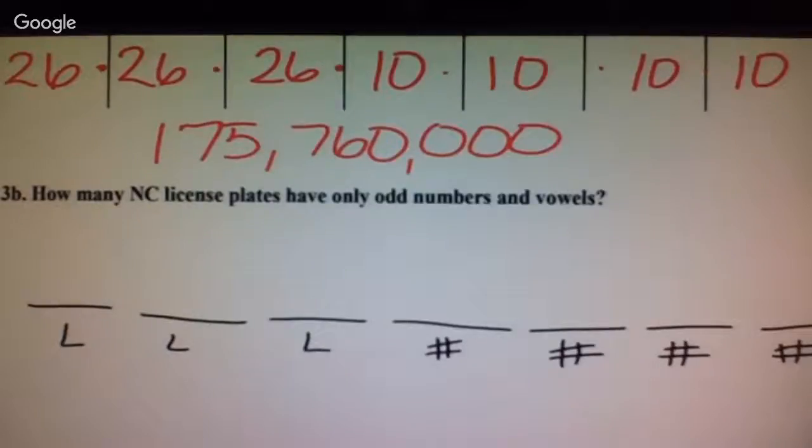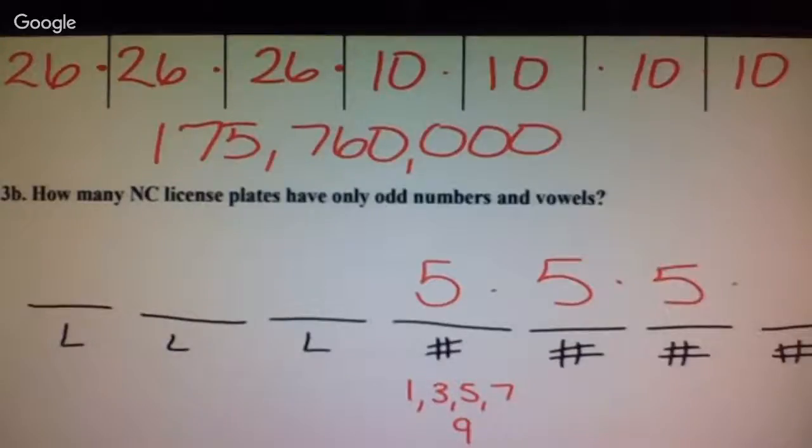All of my numbers have to be odd numbers now. So that limits my options for each one of these slots to 5. Remember, your odd numbers are 1, 3, 5, 7, and 9. So I have 5 options now for each one of these. But here's the tricky part with the vowels. It's 5, but sometimes 6.